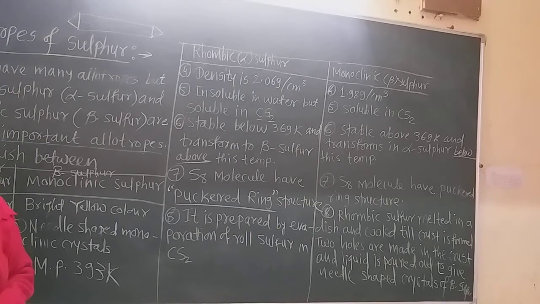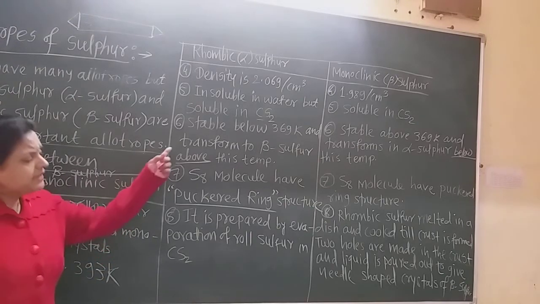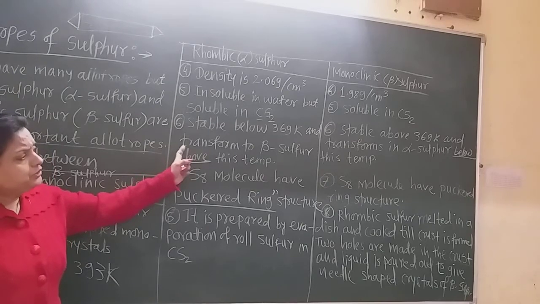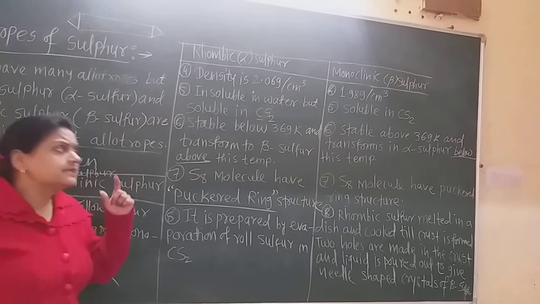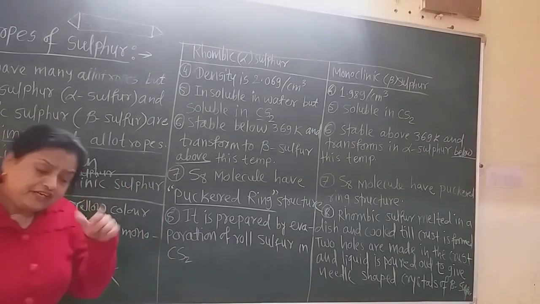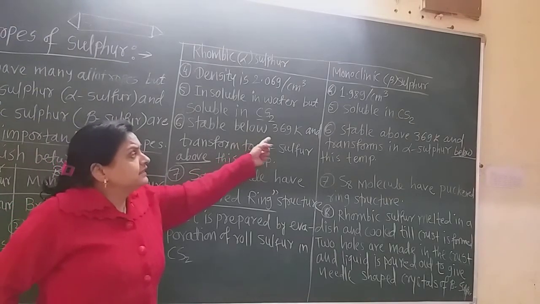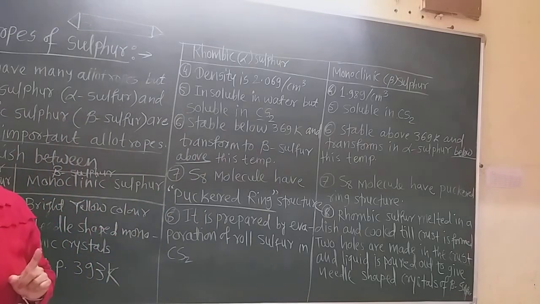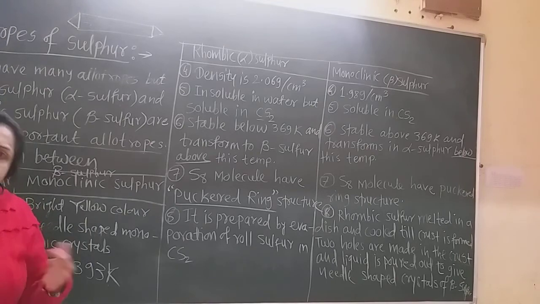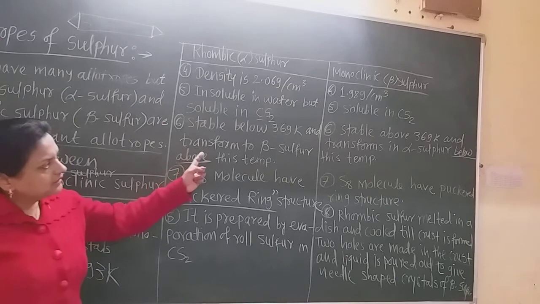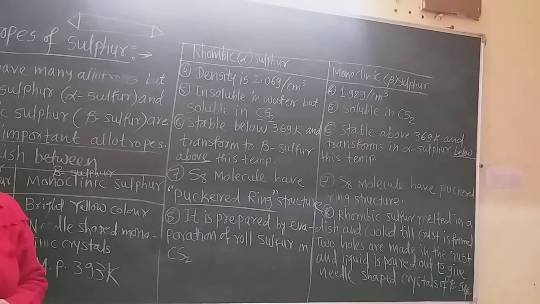But this rhombic sulfur, alpha sulfur, gets transformed into the beta sulfur if we increase the temperature more than 369 Kelvin, because rhombic sulfur is not stable above this temperature, and immediately converts into the beta sulfur above 369 Kelvin.